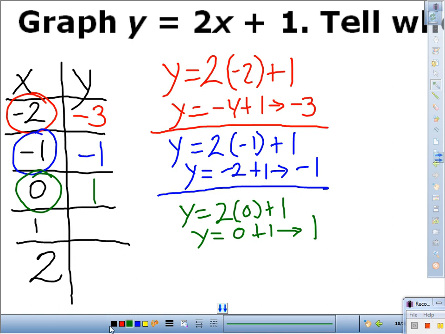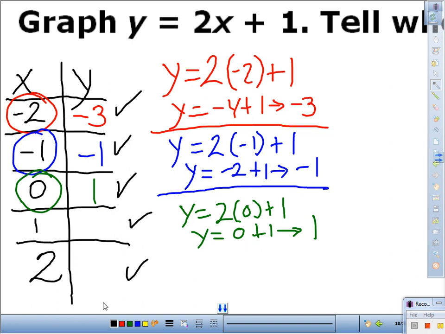Now, check this out. Since I'm such a nice teacher, I'm going to ask you to do the work for the first 3 outputs. What does that mean, Mr. Q? Well, if you can see that there's a pattern, you don't have to do the work for the last two.